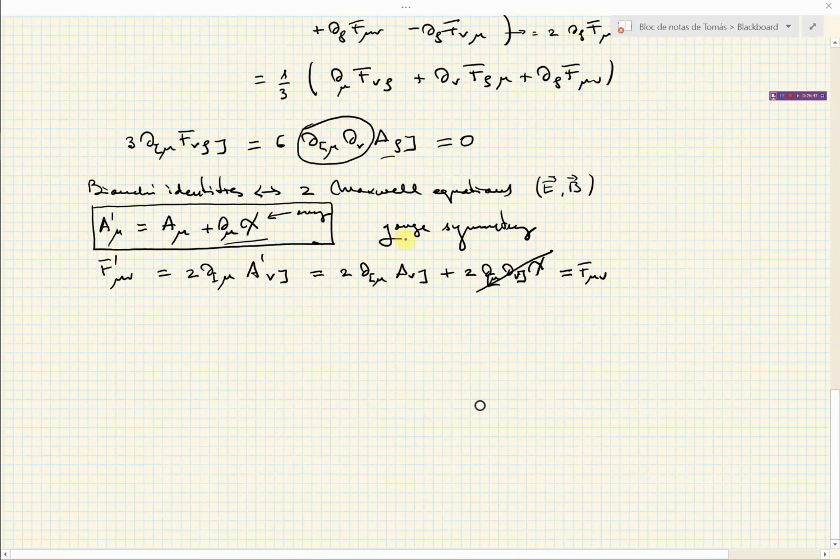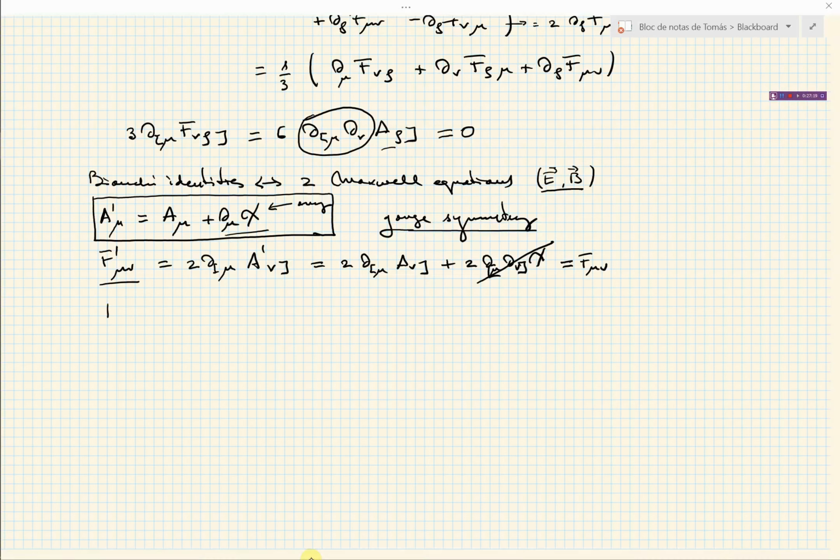And the next thing that we have to do in order to connect this relativistic perspective of the electromagnetic field, which is described by this tensor F_mu nu, and the classical representation in terms of the electric and magnetic fields, is to describe the relation between F_mu nu and E and B. An antisymmetric tensor F_mu nu has two kinds of components from the point of view of the time component.